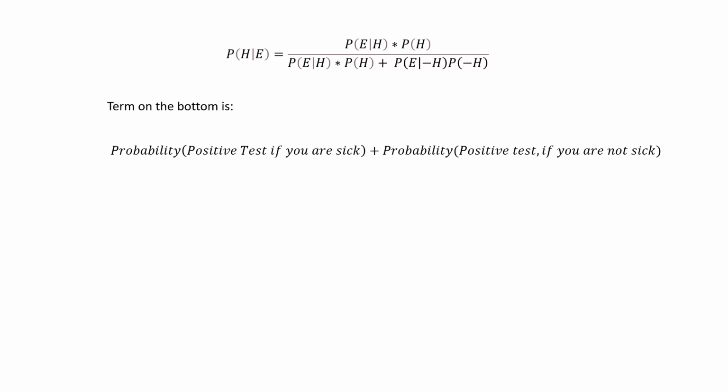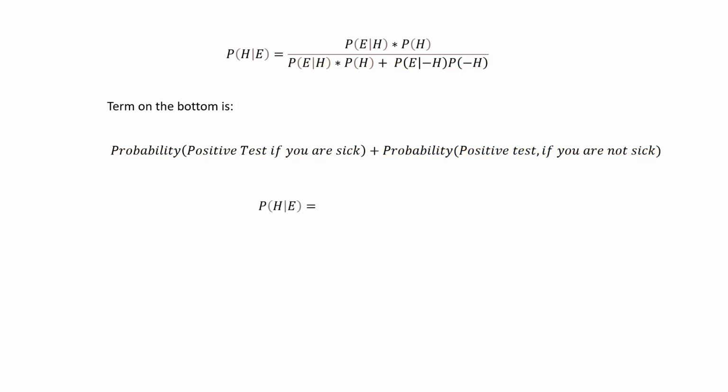Now we take this equation and expand the bottom term to give the equation at the top. The term on the bottom is the probability of a positive test if you are sick plus the probability of a positive test if you are not sick.